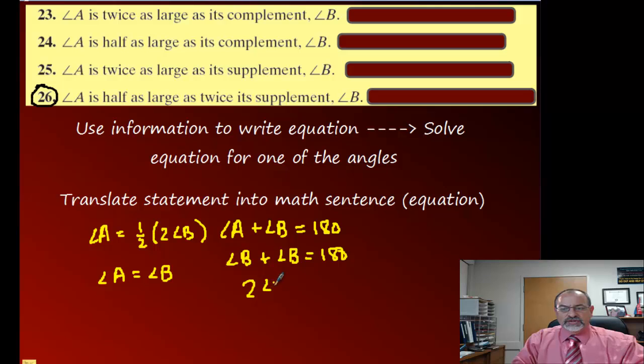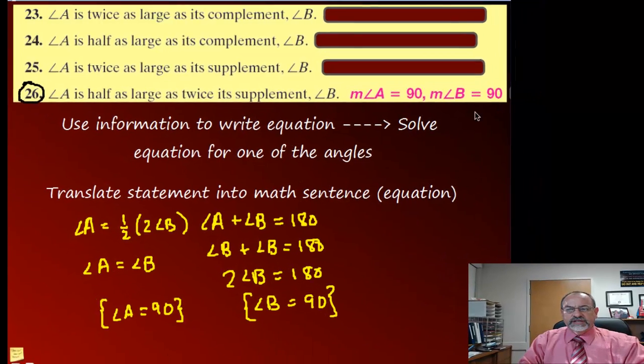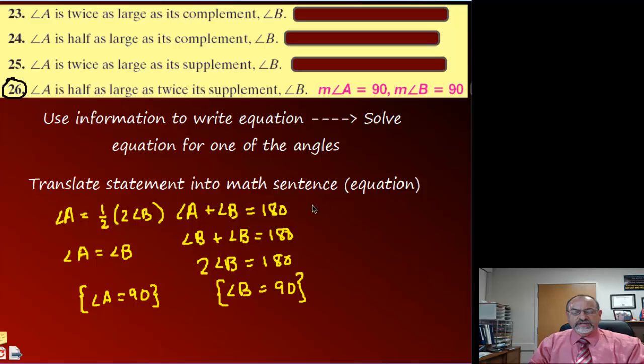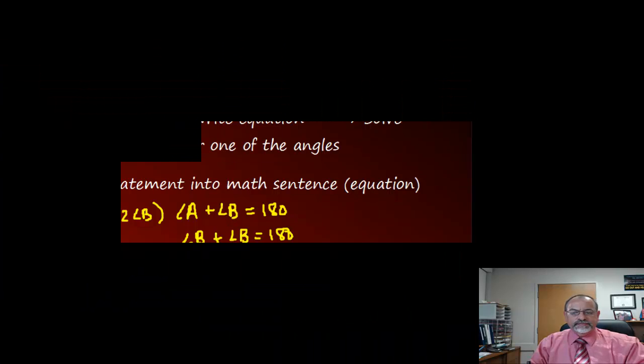Now I can add two angle B's, so angle B is equal to 90, and because of this equation, angle A is also going to be 90 degrees. When you're given a situation like this, you want to translate the statement into math sentences, then use the information to write equations, and then it's just a matter of algebraically doing substitution and solving for the value of the angle.